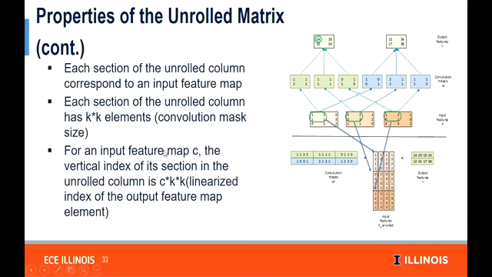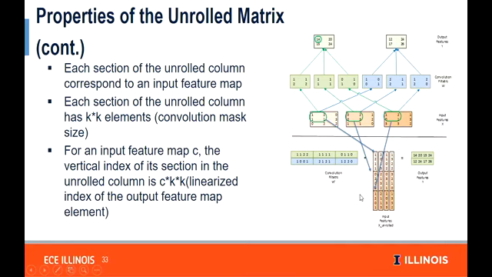So for input feature map C, the vertical index of its section in the unrolled column will be C times k times k. So for C equal to 0, it's going to be here. C equal to 1, it will be 1 times 4, it will be here. And C equal to 2, it will be 2 times 4, it will be right here. Okay?